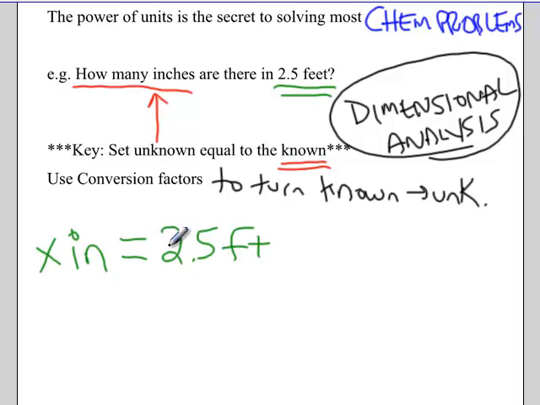So the units are going to tell us exactly what we have to do at each step. This is not something you need to memorize because every problem is a little bit different. What you do need to memorize is set the known equal to the unknown and then let your conversion factors do the work for you.